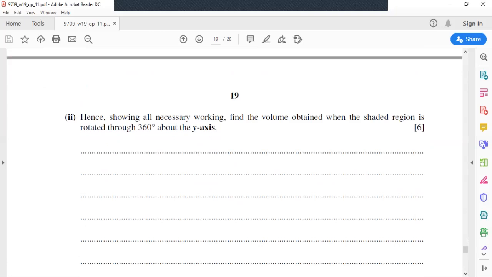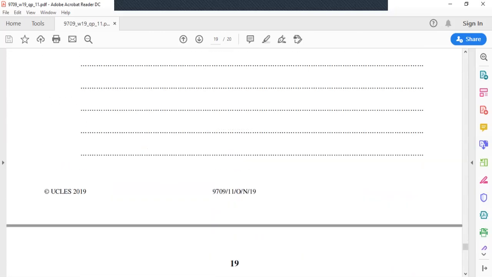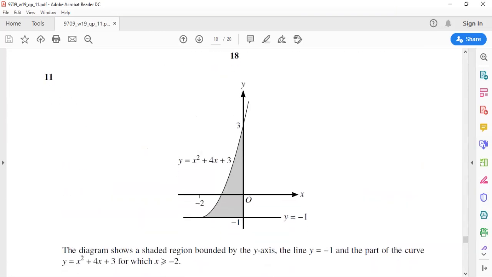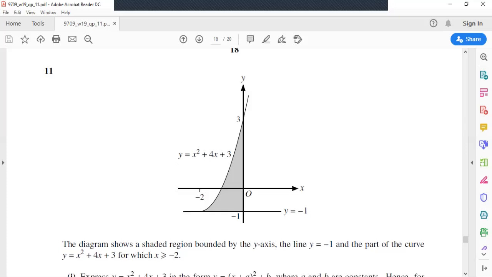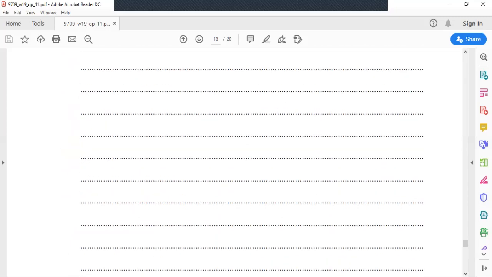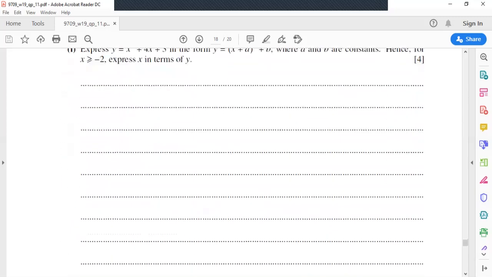Find the volume obtained when the shaded region is rotated through 360 degrees about the y-axis. About the y-axis, so it's from minus 1 to 3. We have to integrate it.